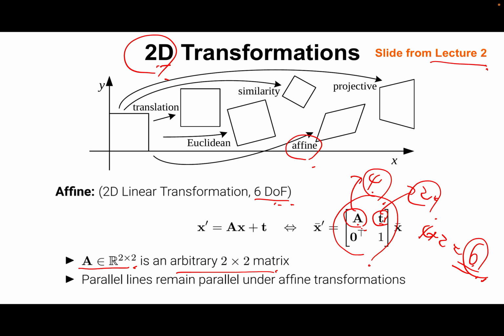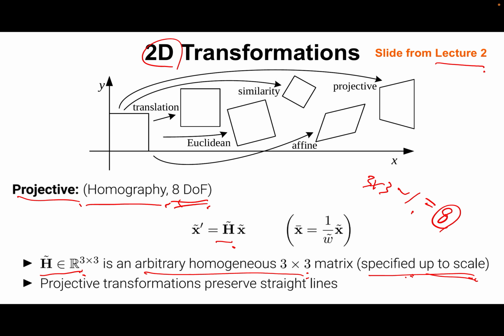Under affine transformations, parallel lines remain parallel. But under projective transformation, parallelism does not hold, right? For example, these lines are parallel in the original space, but no longer parallel. And this makes the distortion, right? We've seen this distortion. Parallel lines in 3D space cannot be parallel in 2D space.